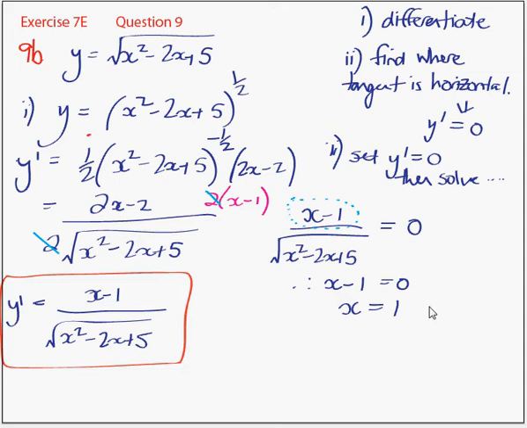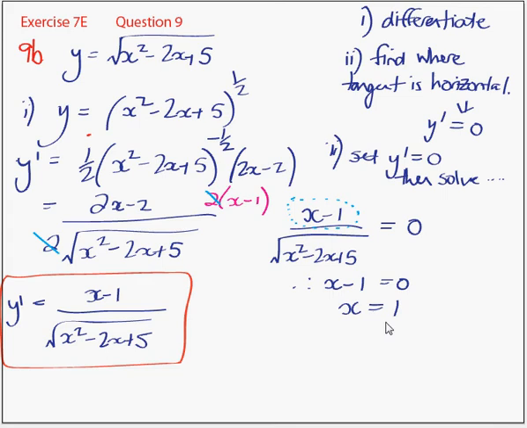I do need to check that this value is not the same value that would make this function break by being undefined underneath. So I'll just quickly put that in, and I'll do this mentally. If x equals 1, I'm going to have 1 minus 2 is minus 1 plus 5. I know that's not 0, so I'm safe. So the point here where the gradient is 0 is at the point where x equals 1.